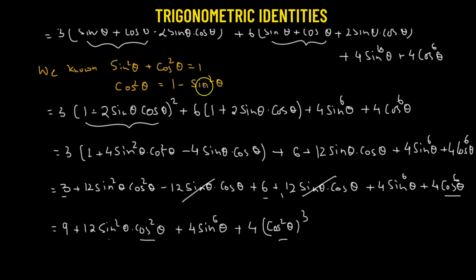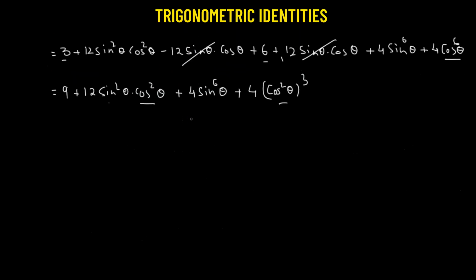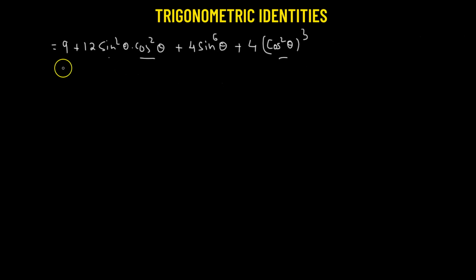So wherever we have cosine squared theta, we're going to replace it with 1 minus sine squared theta. So let's do that. We're going to get 9 plus 12 multiplied by sine squared theta, and in place of cosine squared theta, we replace it with 1 minus sine squared theta.